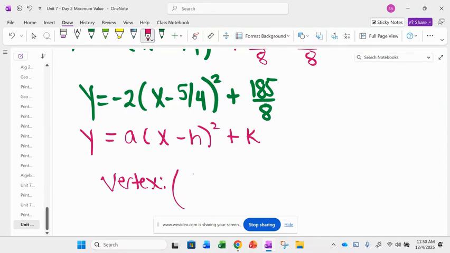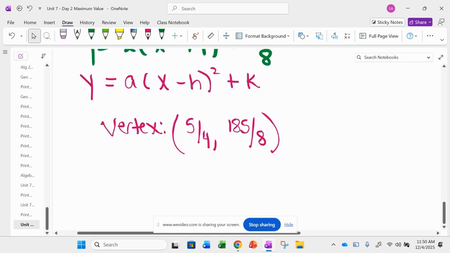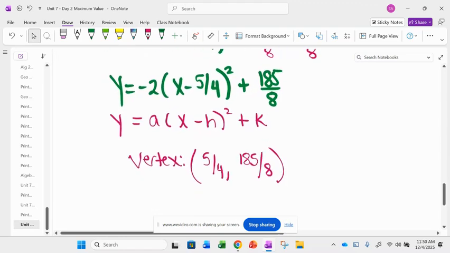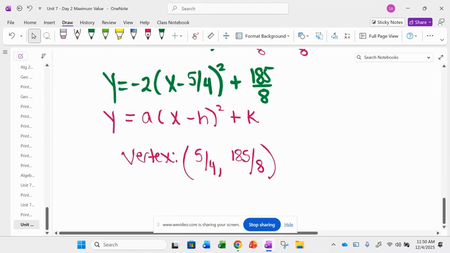Stephen? All right. If you have a calculator or you go to the Desmos calculator, 5 divided by 4 is 1.25. 185 divided by 8 is 23.125. How much easier was Desmos, right? We just did all this work to figure this out, where Desmos gave it to us fairly quickly.